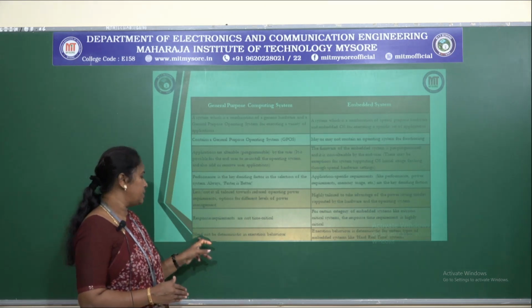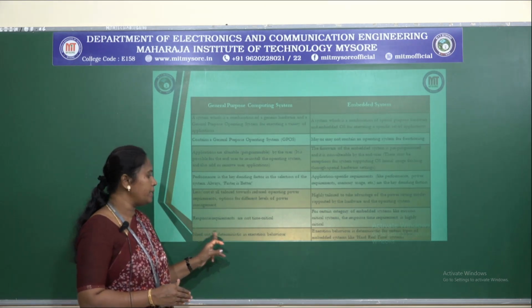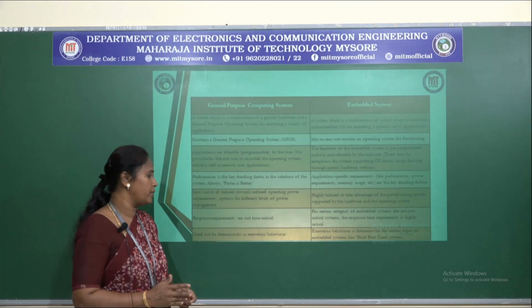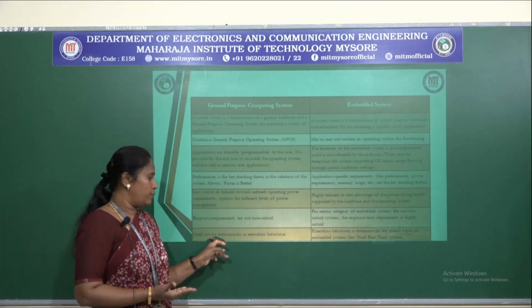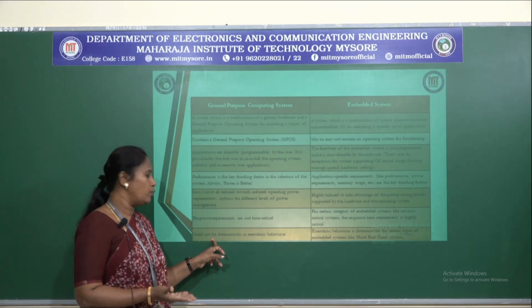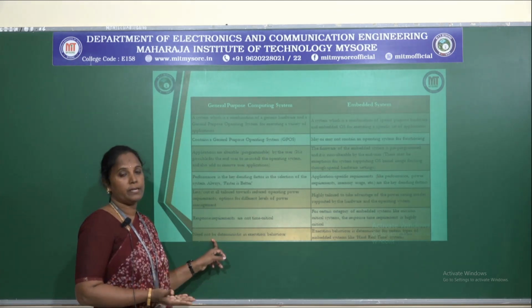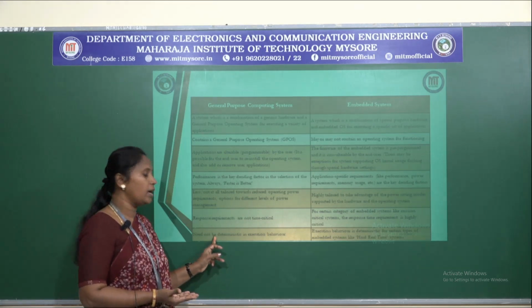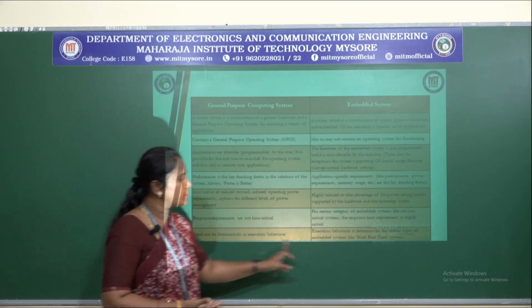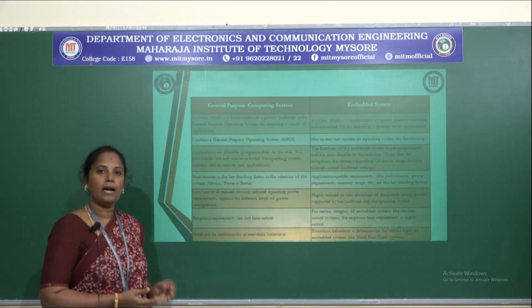Then the next criteria is that it need not be deterministic in execution behavior. That means for execution of any output, it could not be deterministic. That means it is not hard real time bound. But in case of embedded system, it is hard real time bound.